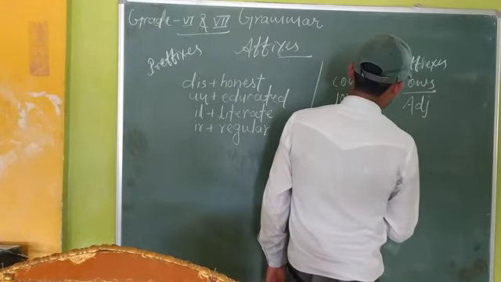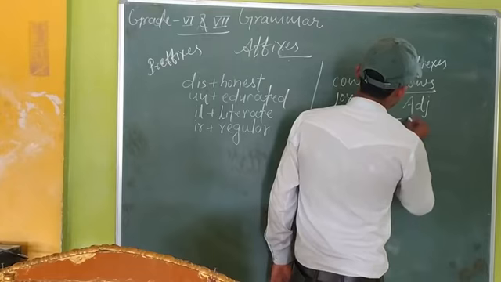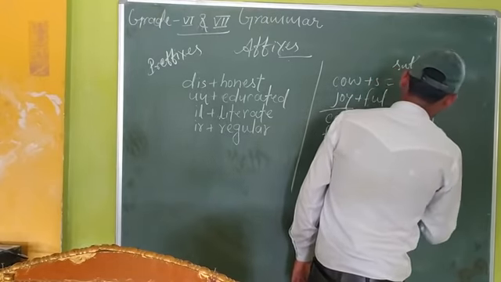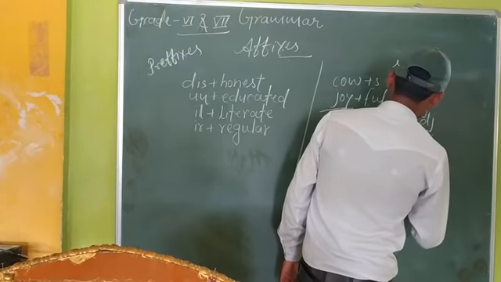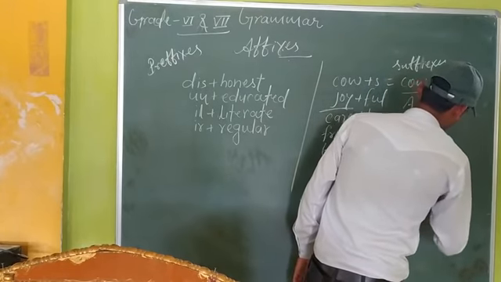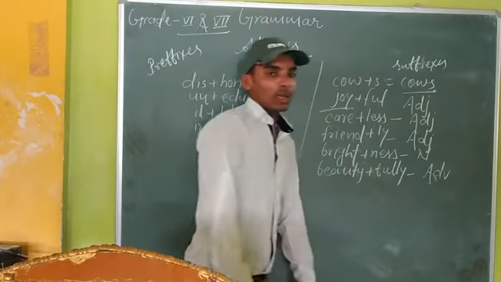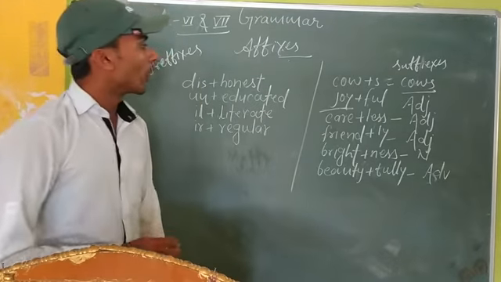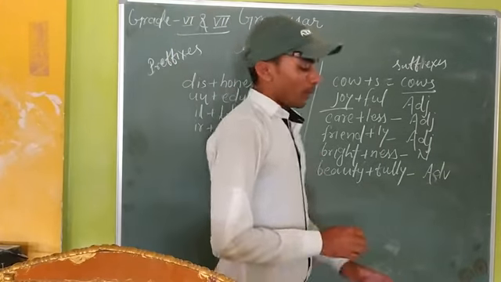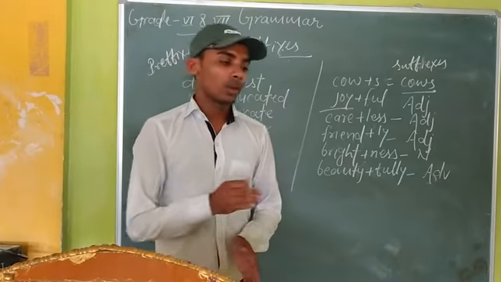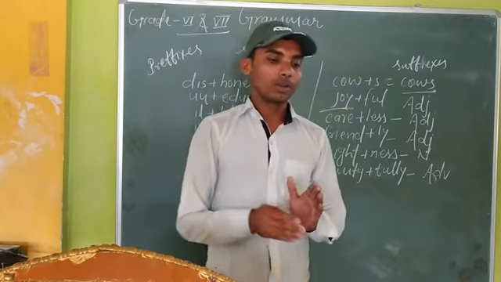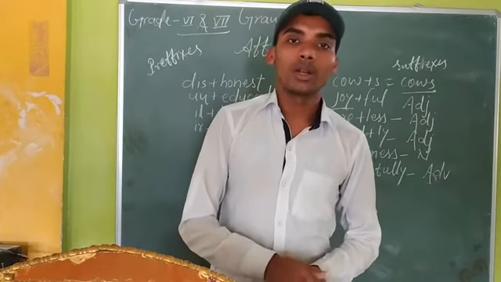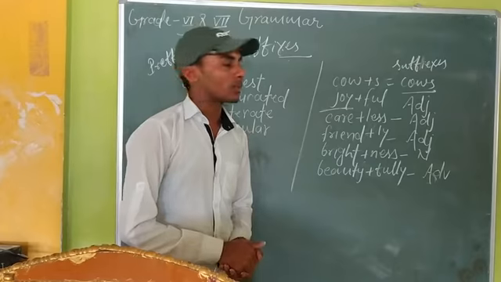The same situation is happening here. It is functioning now as an adjective. This is as well. Now this is functioning as a noun and this is for an adverb. So that means they have completely changed their style. Briefly I am telling you how you will understand that this word was a noun, and now it has changed its dimension into an adjective, verb, or another part of speech.